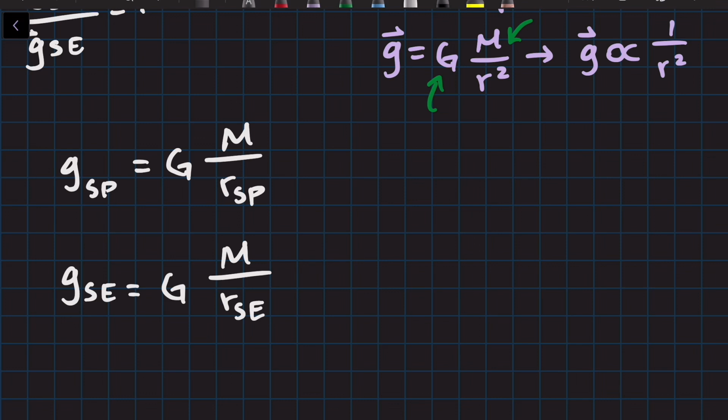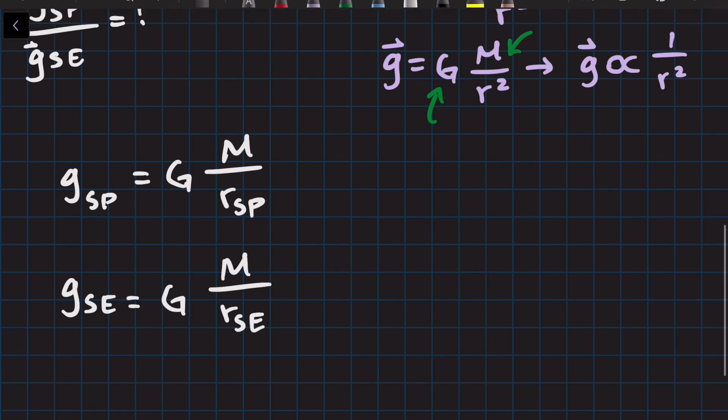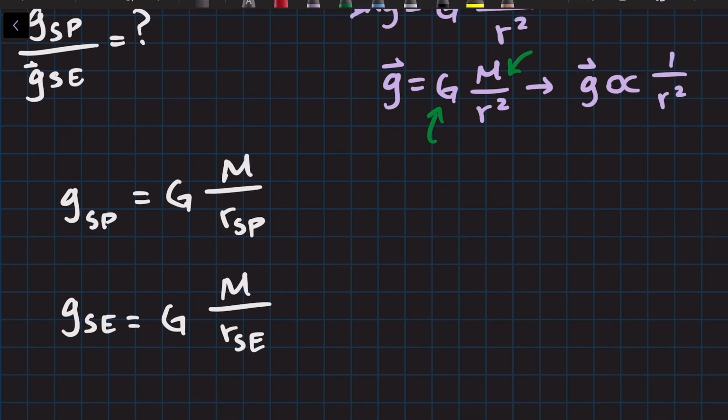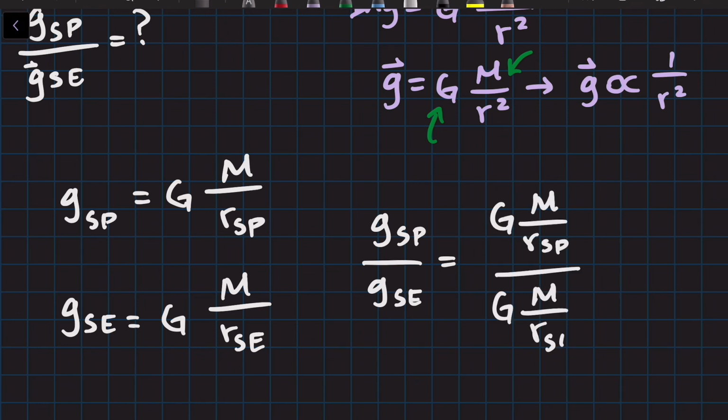All right. So to find the ratio, we're going to divide this one over this one. So we can say gravitational field sun-Pluto, I'm just going to say SP, over gravitational field SE is equal to this. Let's cancel things out.